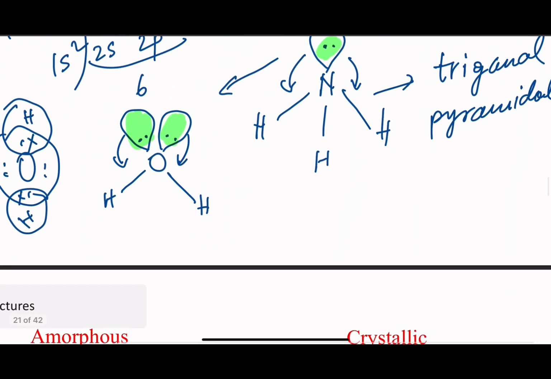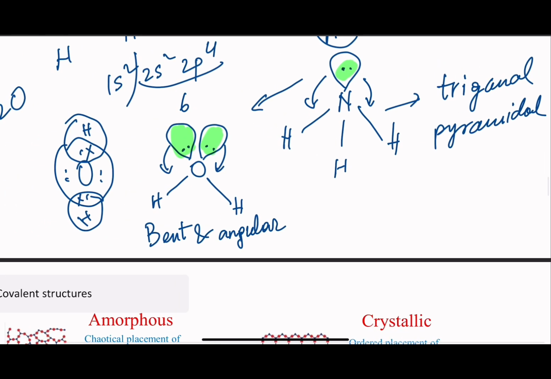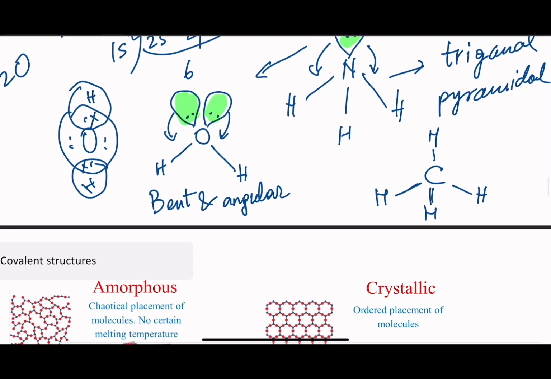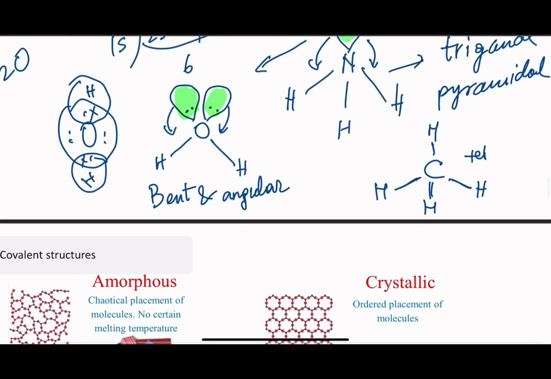You can call it bent, or you can call it angular. Okay, so compared to, for example, methane, if you see here, I got methane with 4 bonds, right? So this one is called tetrahedral.